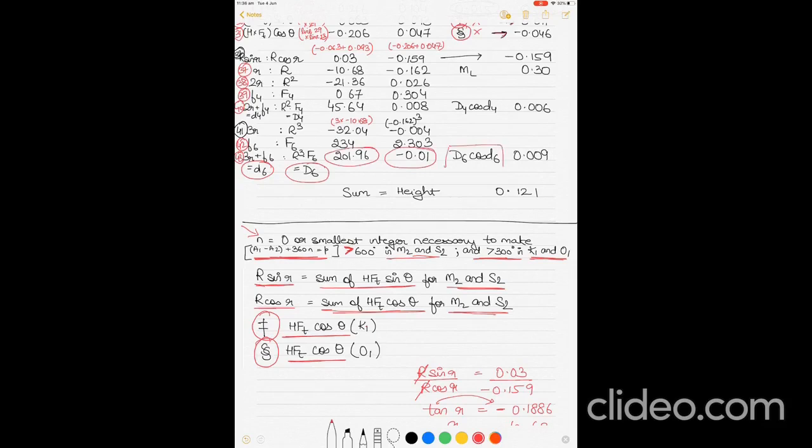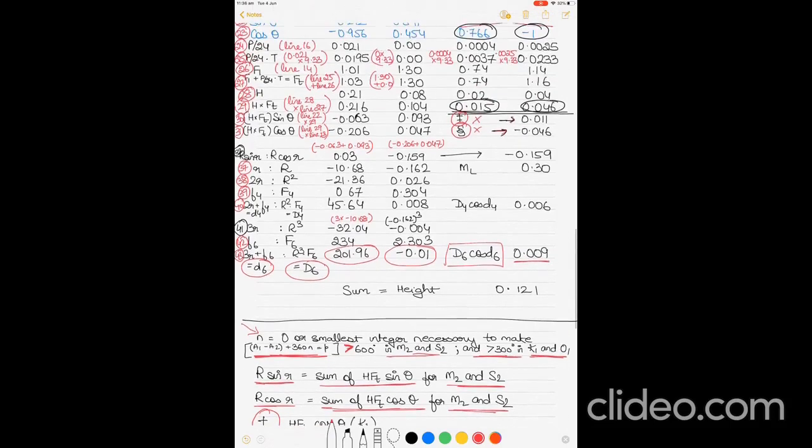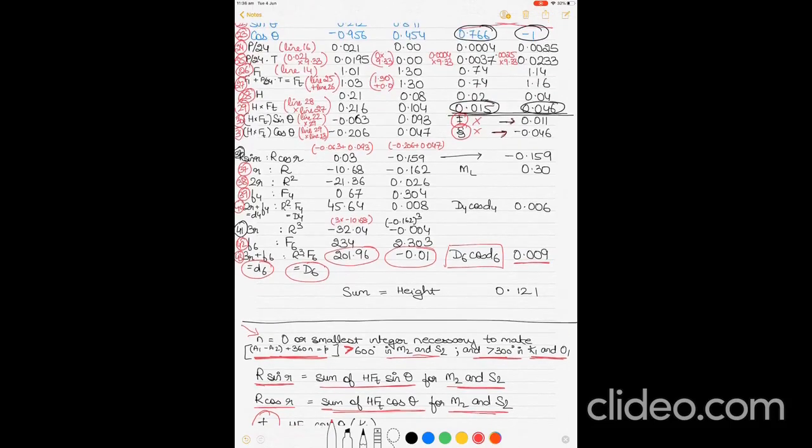Multiply these two values, capital D6 multiplied by cos of d6, and you will get 0.009. Over here you will multiply capital D4 multiplied by cos of small d4. So d4 values are here. One is a capital D4, one is a small d4.